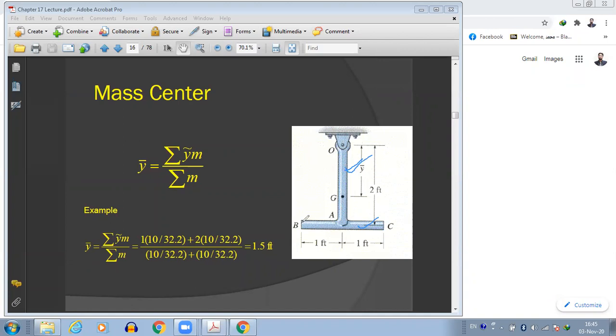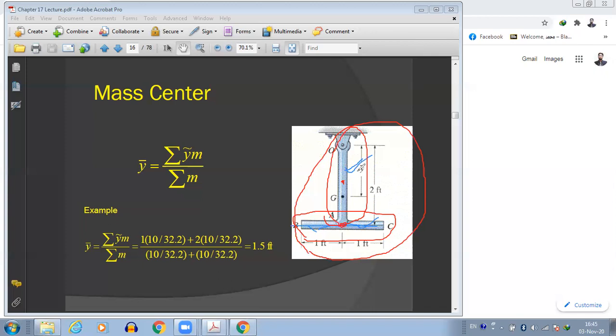If I consider this thin rod alone, then I can clearly see that the center of this thin rod would be here. If I consider this other thin rod alone, the center would be here. But if I consider this whole body, the combination of these two thin rods, how would I find the mass center?